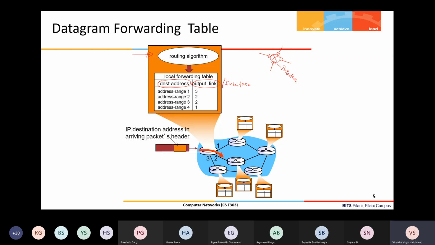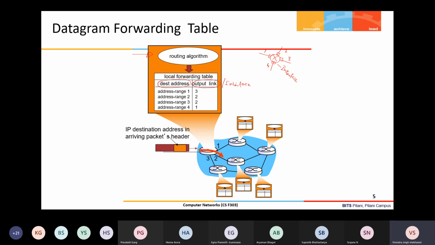So the typical forwarding table is like this. Suppose the interfaces of this router are named 1, 2, 3, 4. The router may receive any datagram which needs to be delivered to any of the IP addresses out of these 2 power 32 addresses.